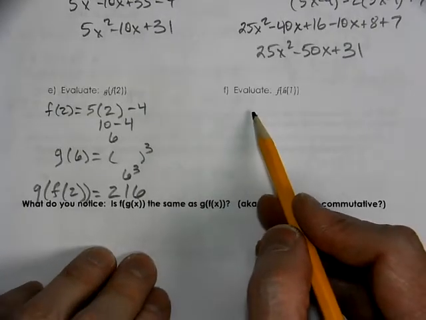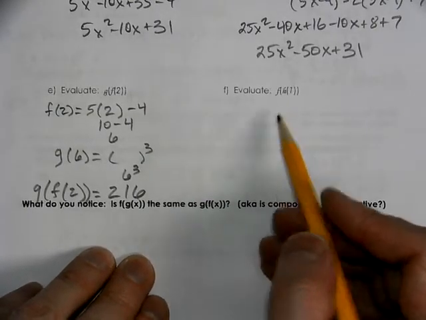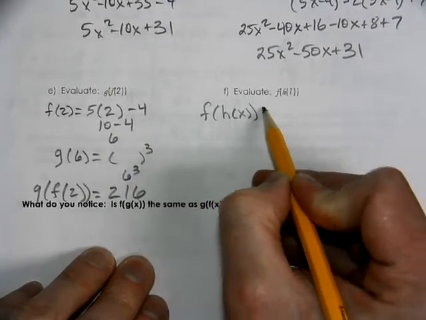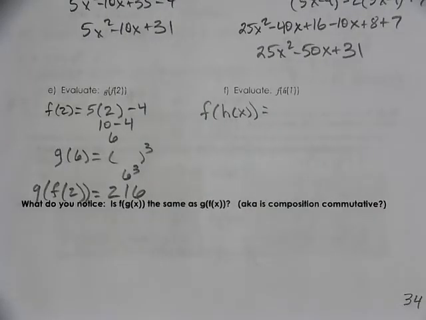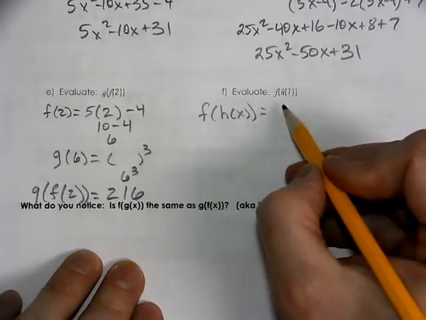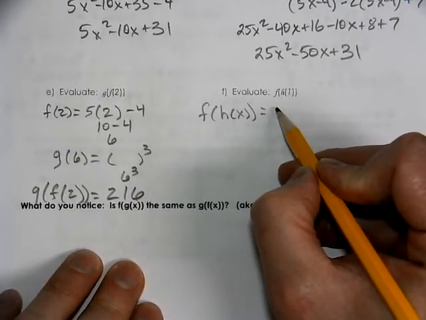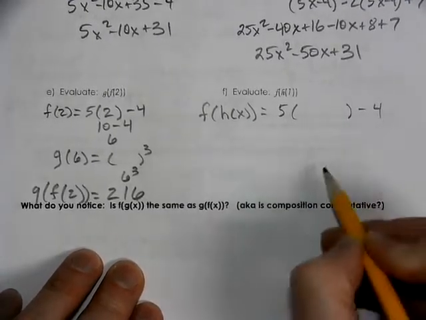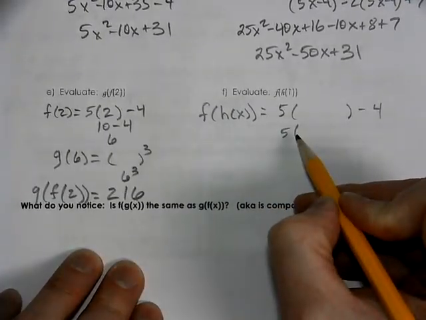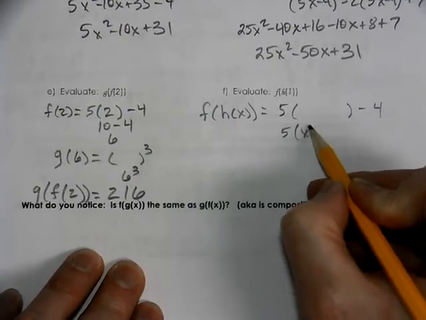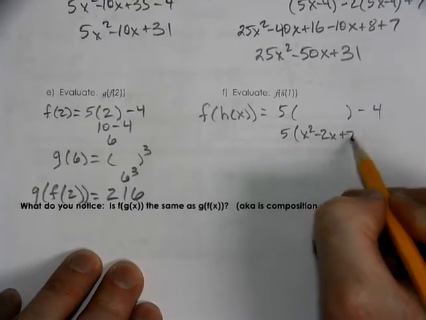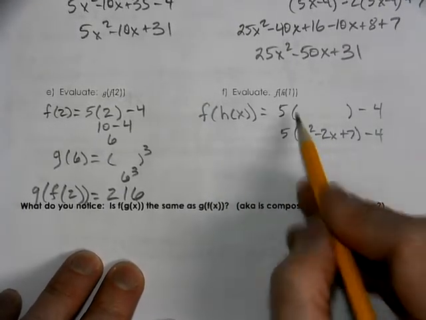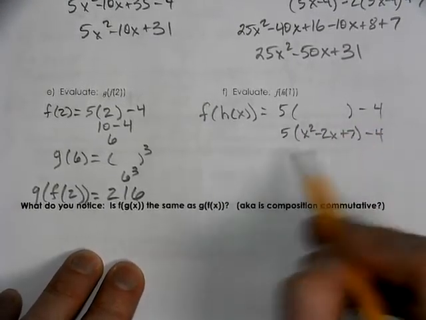The other method that we talked about was to first figure out what is f of h of x. Well, we take the f function, which is 5 times something minus 4, and we're going to plug the h function in its place, which is x squared minus 2x plus 7. I'm just writing it as a separate line so that you see that it's almost a separate thought.